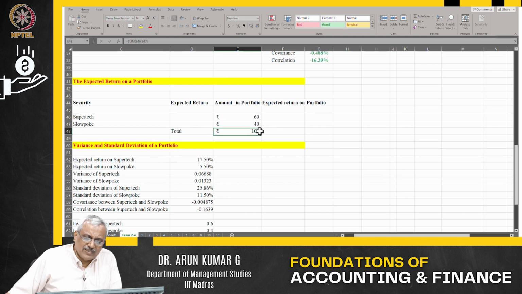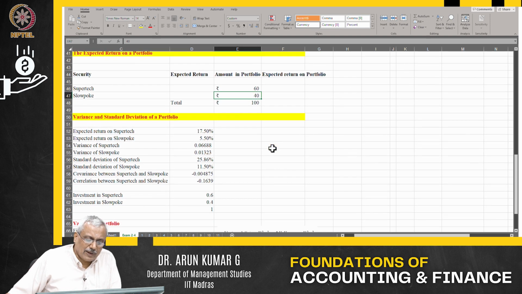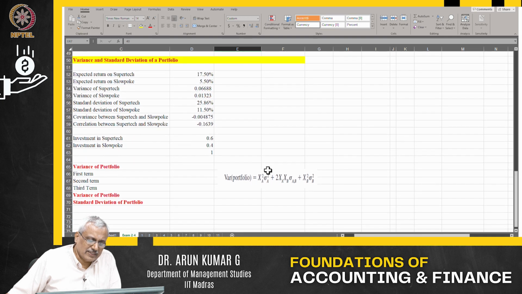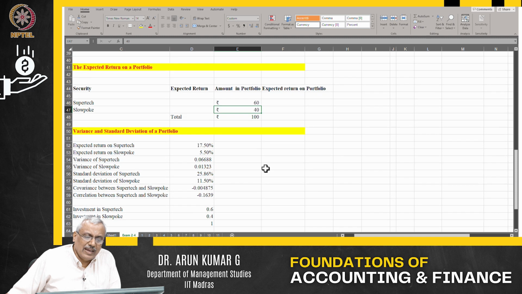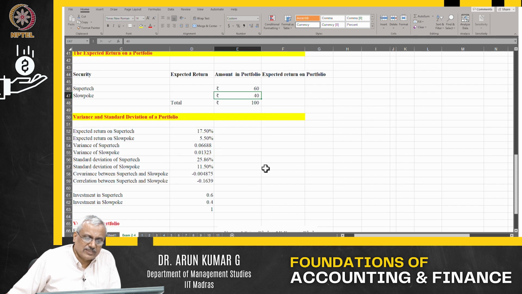I have 100 rupees; I invested 60 in Supertech and 40 in Slowpoke. What is my expected return? That is the first question, and then the variance and standard deviation and so on and so forth.